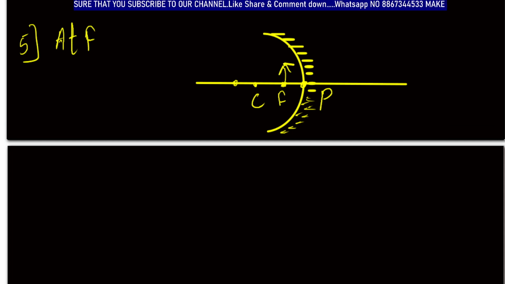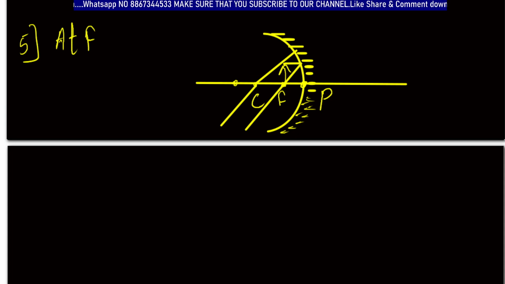The first ray will be parallel. It passes through the focus. The second passes through the center of curvature, and it passes in the same direction backwards. What we see over here is that the image does not form at a nearby distance, because the lines do not meet. They are parallel lines.